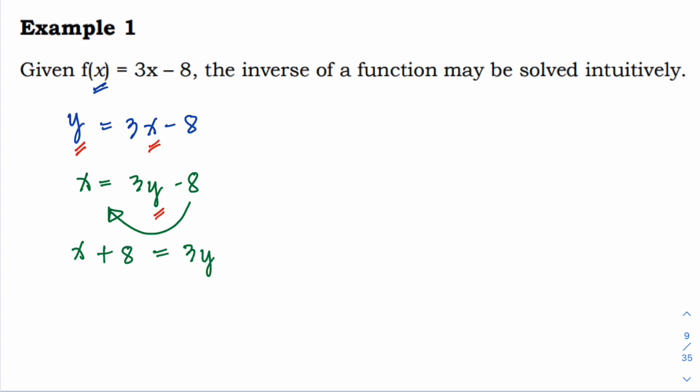Tama? Then, divide both sides of the equation by 3 para ma-isolate natin si y. So, maka-cancel out yan. So, dito guys, meron na tayong y which is equals to x plus 8 over 3. Tama? So, after natin ma-solve si y, guys, ito na ngayon yung kanyang inverse function.